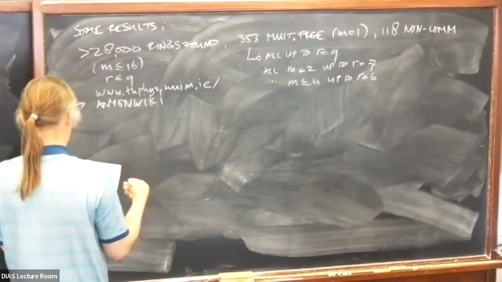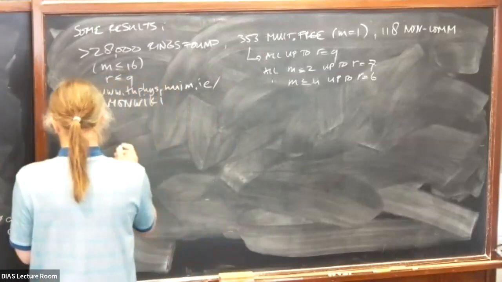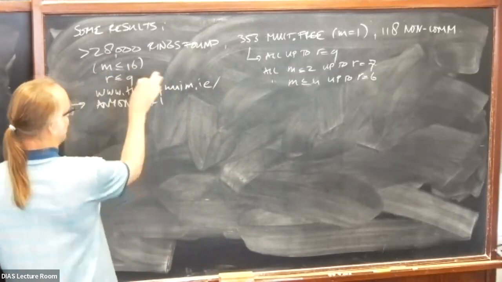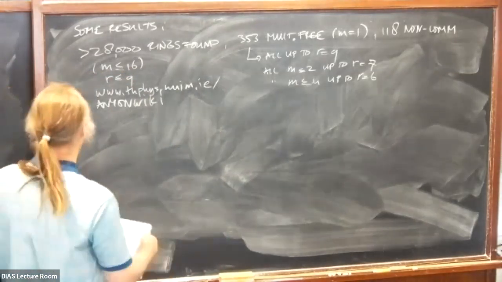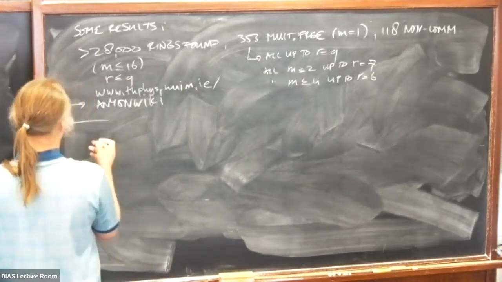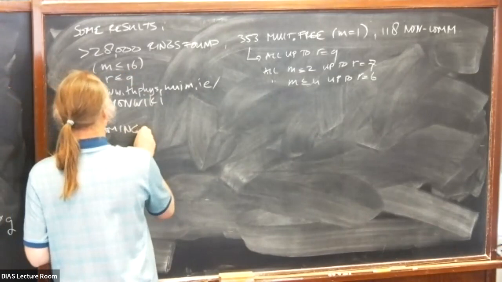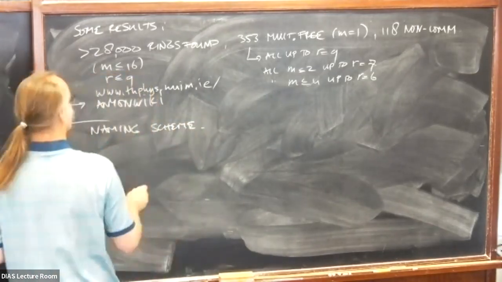And then we actually found so many of these that we had to come up with a naming scheme for them, because there wasn't one for this many rings. I'm not going to get into the naming scheme, but it's kind of interesting.